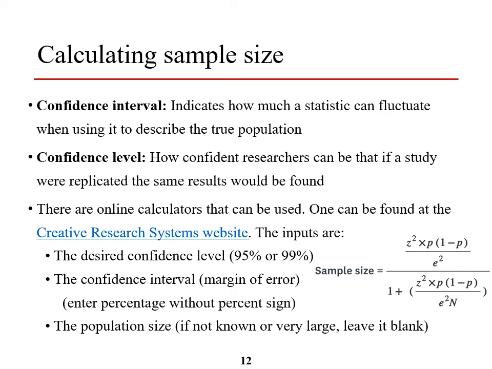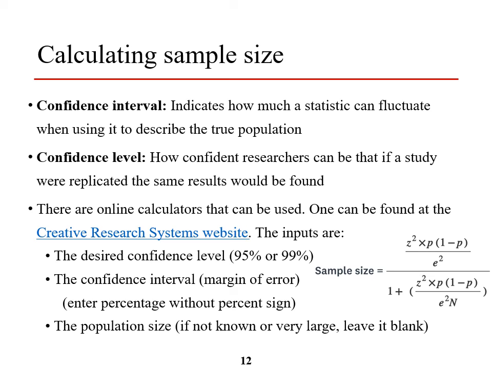Typically in our case, our population size is going to be very large because we're looking at consumers, or in the case of B2B, the population that we're hoping to really get some insights about is going to be relatively large.